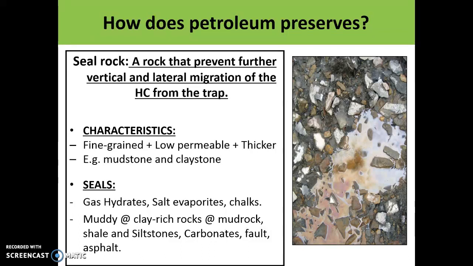Okay, and then we also have the low permeability carbonates, faults, and asphalt as the seals of the lowest importance. Although they are also found, they are uncommon throughout the sedimentary basin.